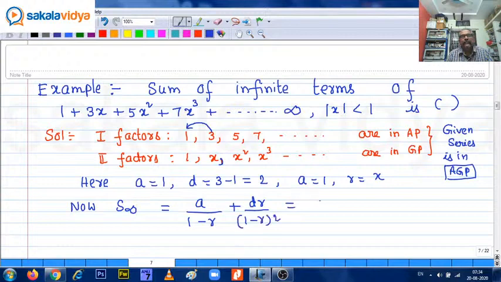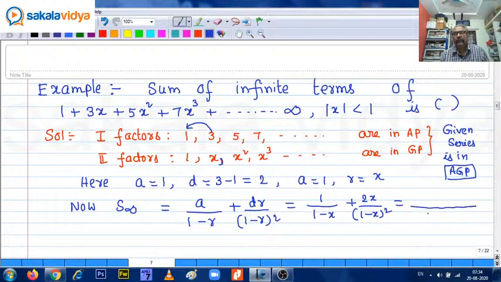Let us substitute the values. 1 upon 1 minus x, d is 2x upon 1 minus x whole square. Just we need to simplify this one. Here 1 minus x whole square is the LCM. 1 minus x plus 2x.